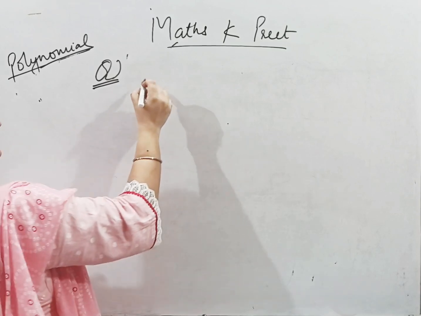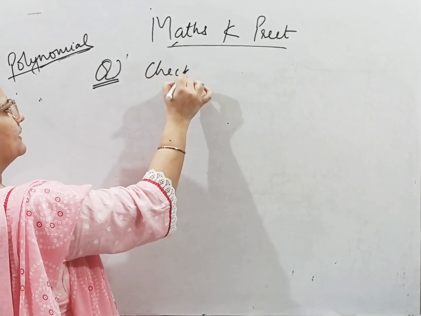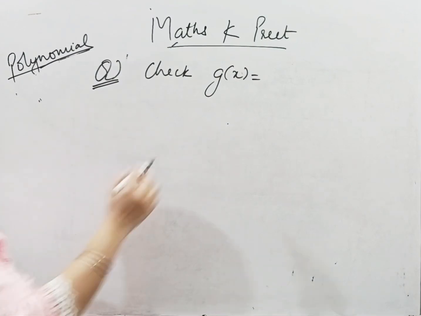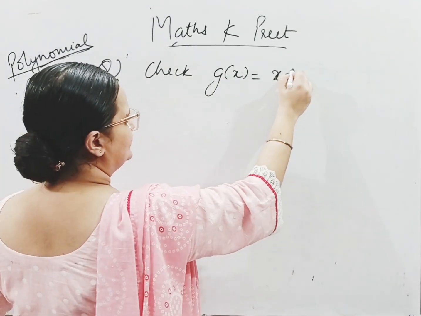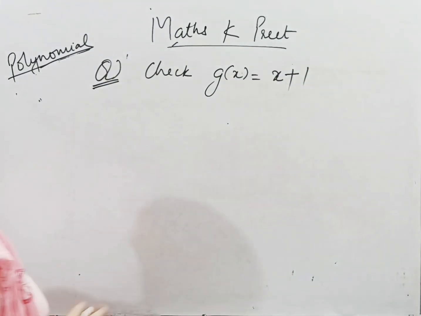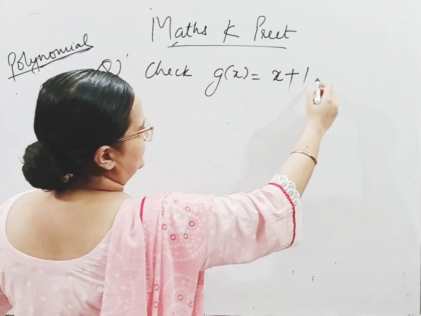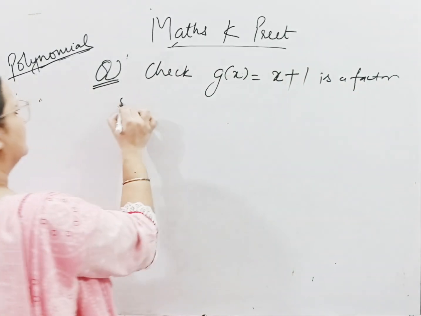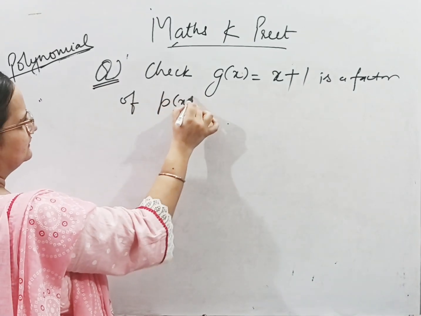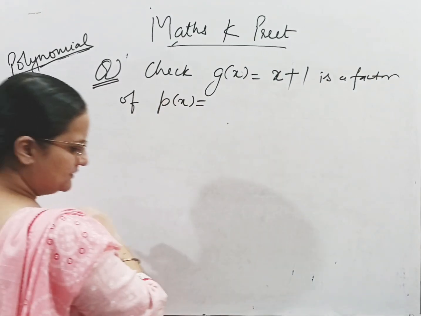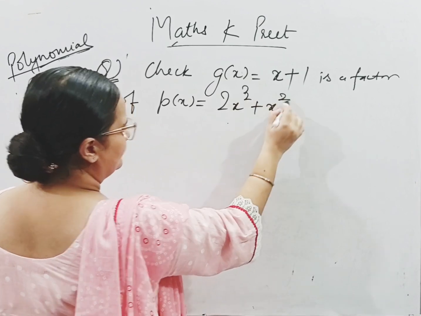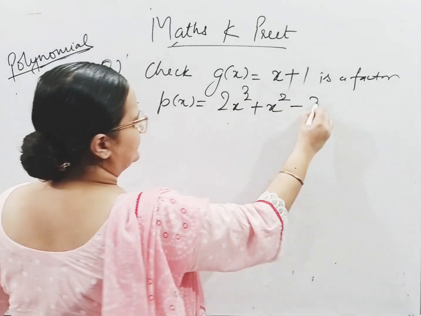So the question is, check whether x plus 1 is a factor of p(x) equals 2x cube plus x square minus 2x minus 1.